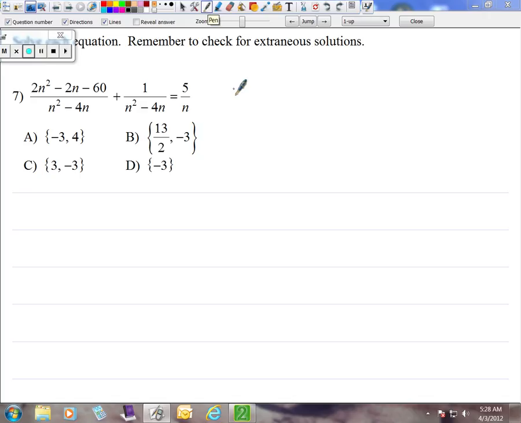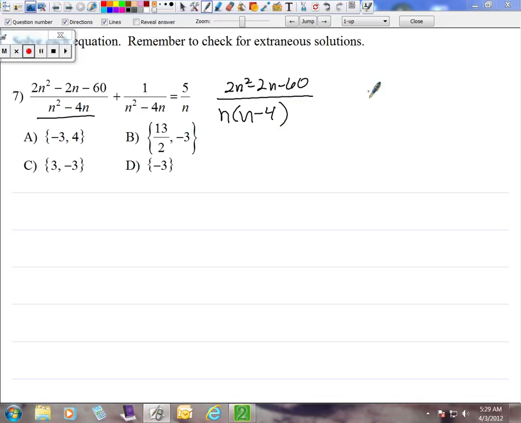Well, let's factor these so we can get our least common multiple again. Now we don't factor the tops, we need them in simplified form so we can solve the equation. So we have 2n squared minus 2n minus 60. If we factor the denominator, we can take an n out. Now we leave a little space.